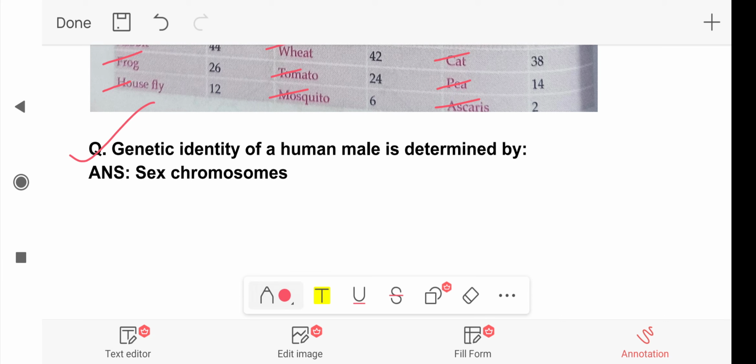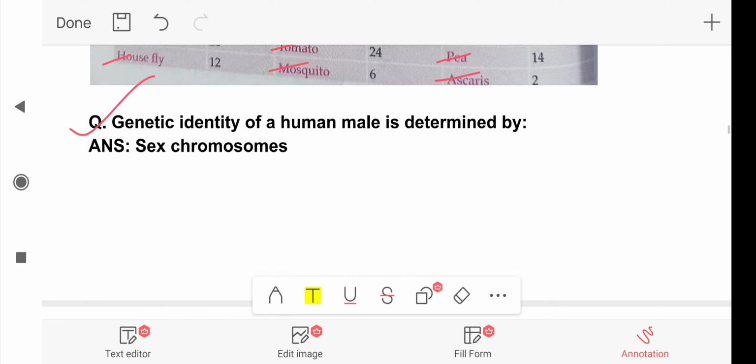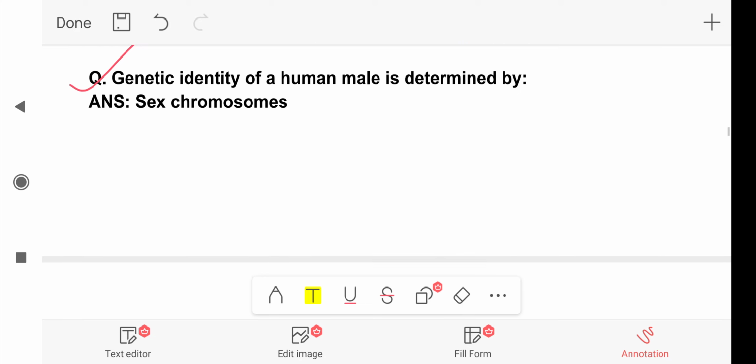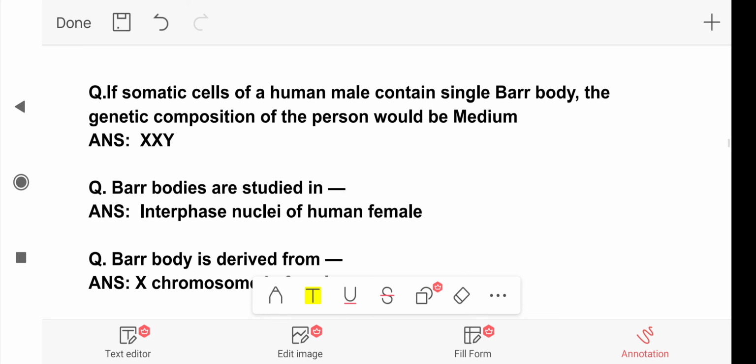First, genetic identity of a human male is determined by, the answer is sex chromosomes. So genetic identity of a human male is always determined by sex chromosomes. Next, if somatic cells of a human male contain a single bar body, the genetic composition of the person would be, answer, XXY.